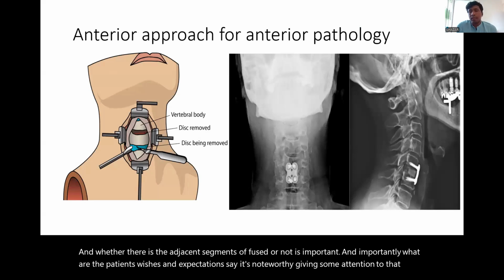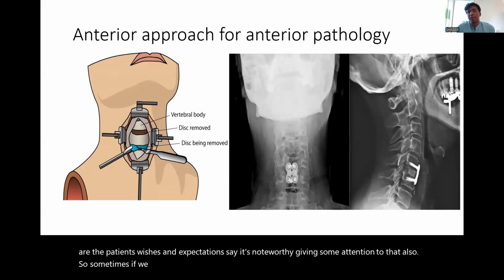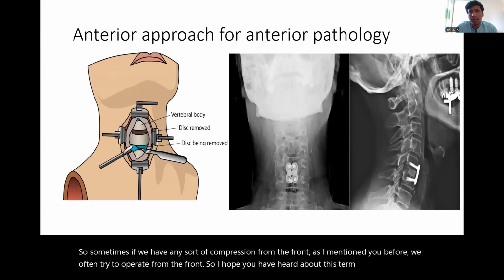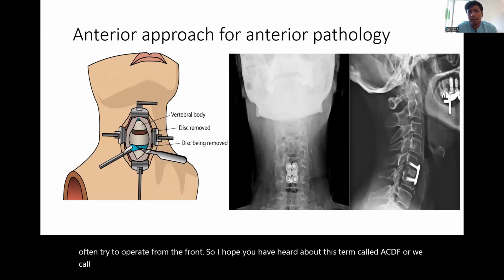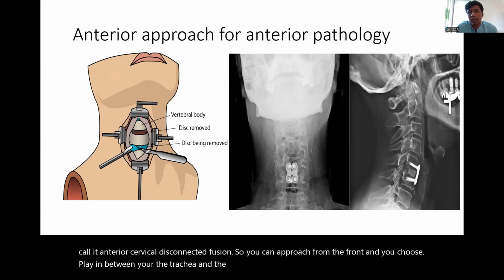Sometimes, if we have compression from the front, as I mentioned before, we often try to operate from the front. I hope you have heard of the term ACDF, anterior cervical discectomy and fusion. You approach from the front, choosing a plane between the trachea and the esophagus on one side and the carotid sheath on the other side.